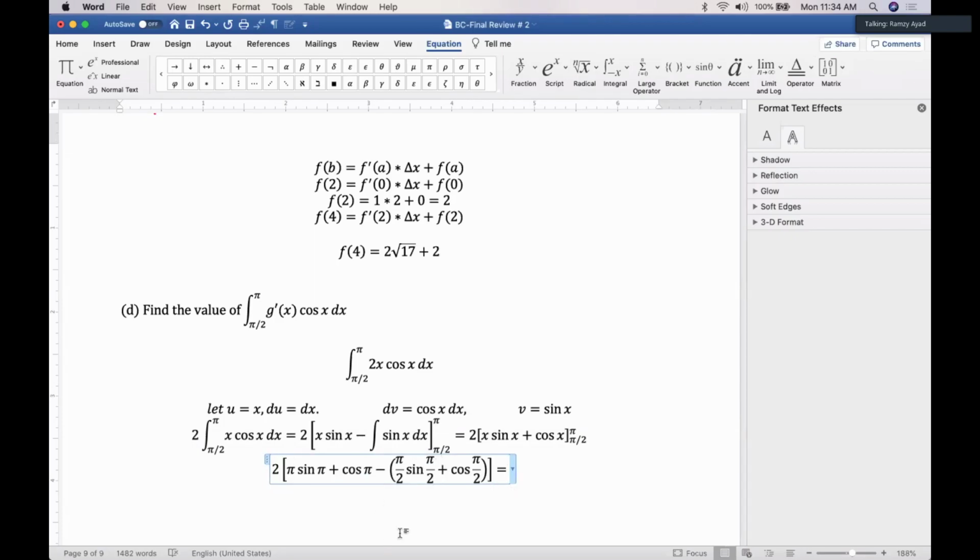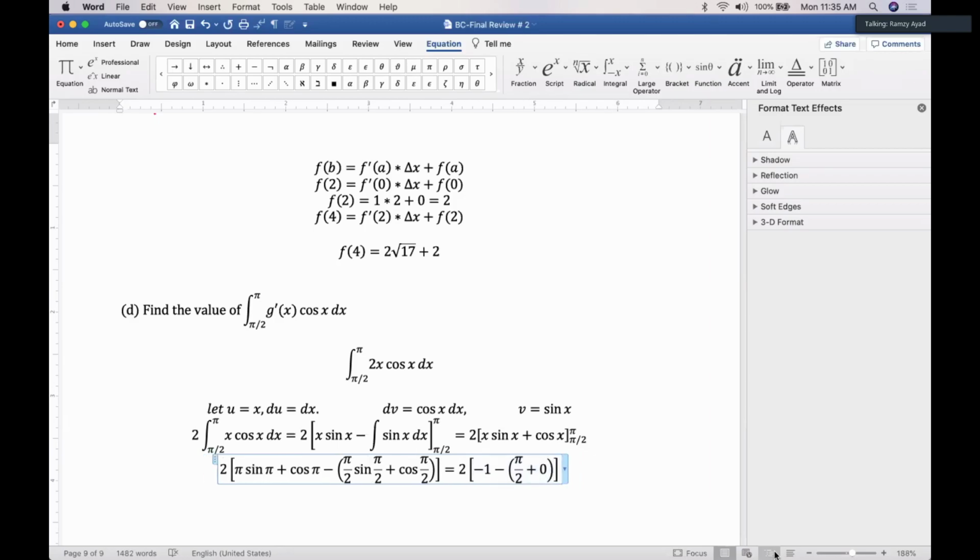And it equal 2, and a bracket now. Copy that. Put it here, and let's put the numbers. What's the sine of pi? 0, right? What's the cosine of pi? -1. Pi over 2 times sine of pi over 2, that's a 1. And cosine of pi over 2, that is a 0, right?